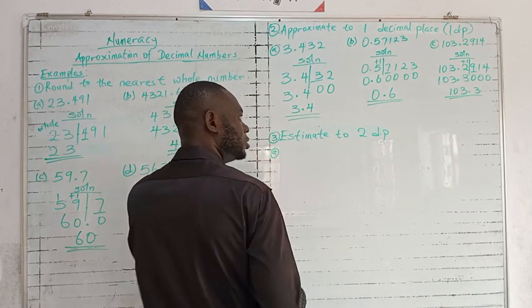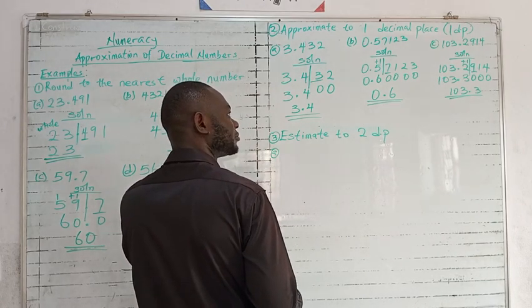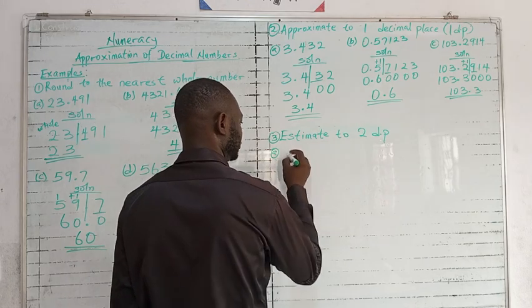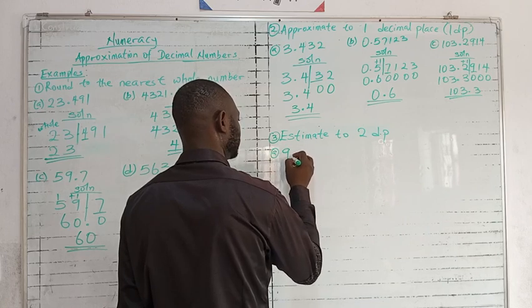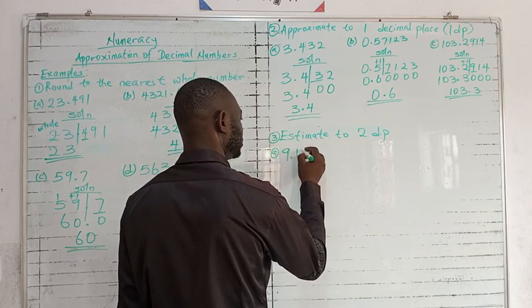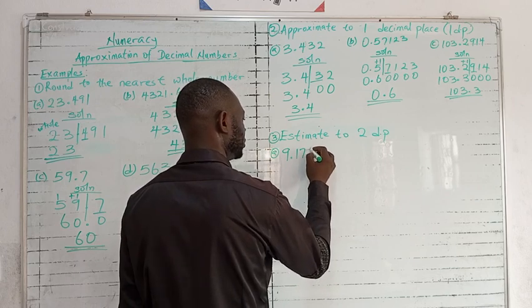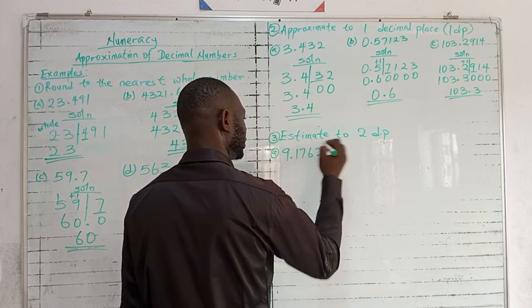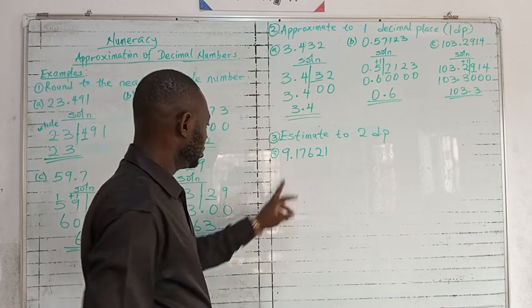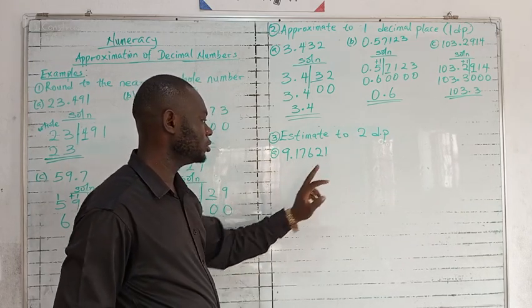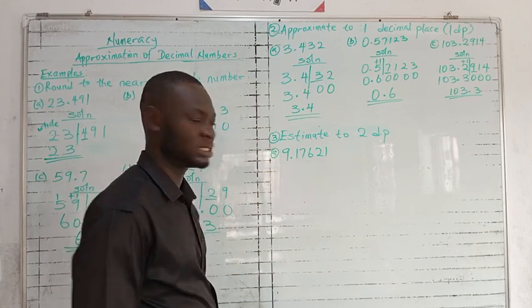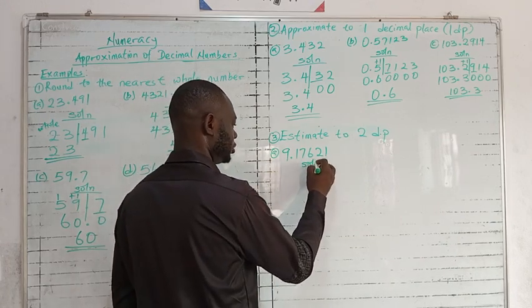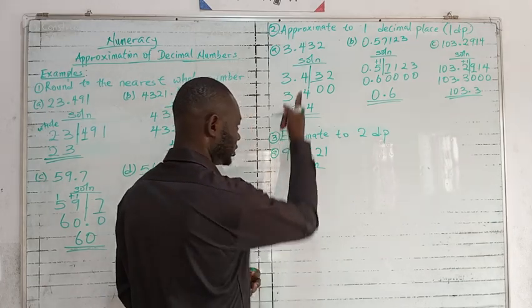A, let's say here we have 9.17621. This is a decimal number with 1, 2, 3, 4, 5 decimal places. To round this to 2 decimal places, same thing we did here.